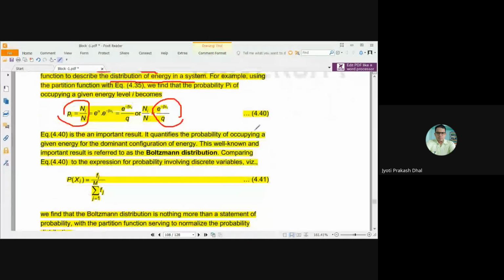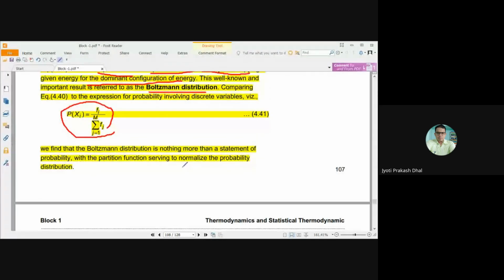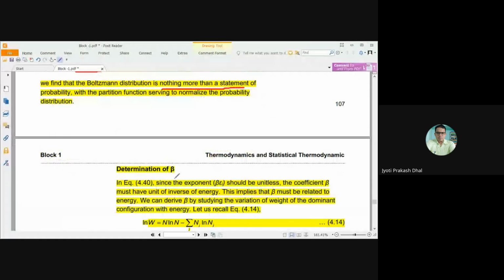It quantifies the probability of occupying a given energy level of the dominant configuration. This is the well-known expression of probability involving discrete variables. If we compare equation 40 with the probability factor, we find the Boltzmann distribution is nothing more than a statement of probability.